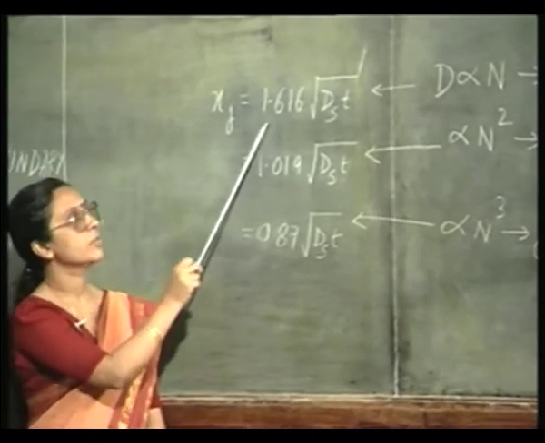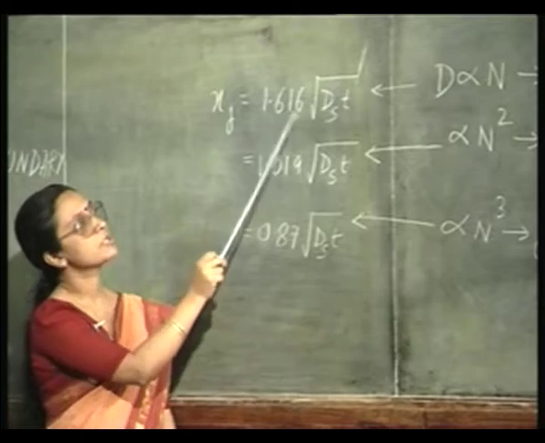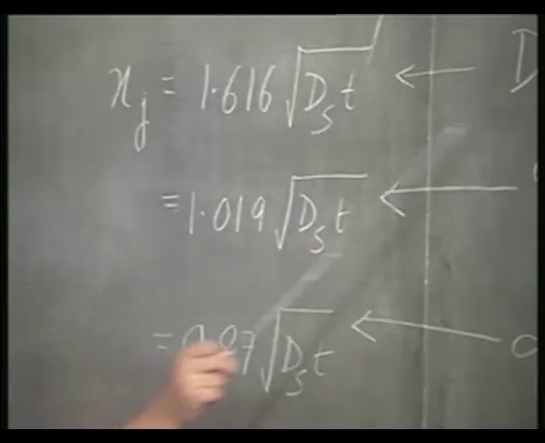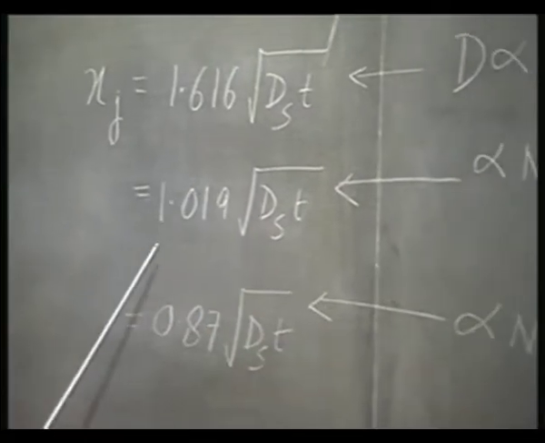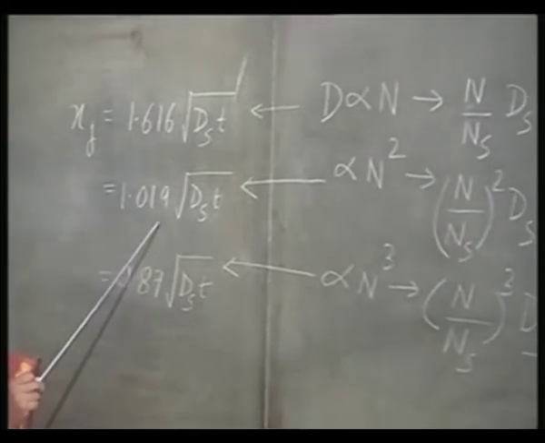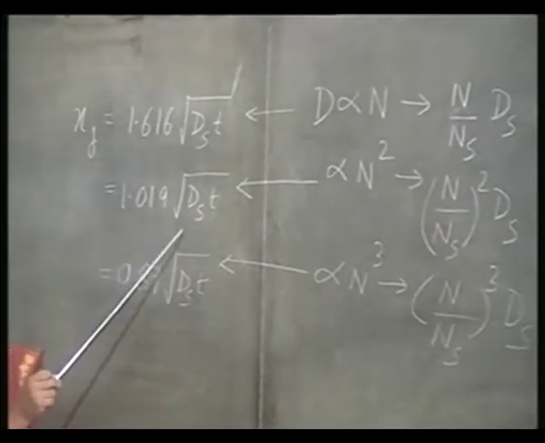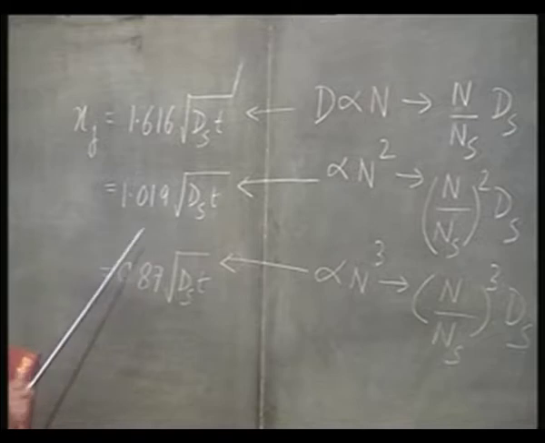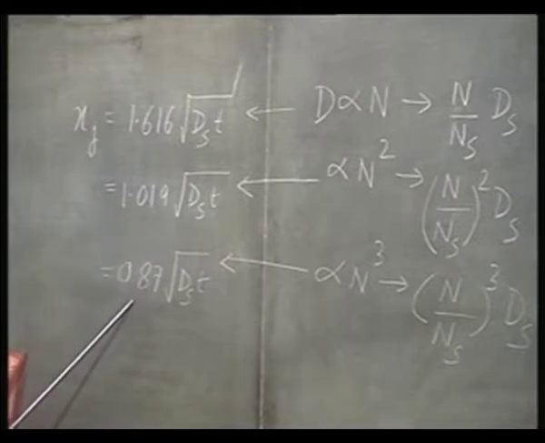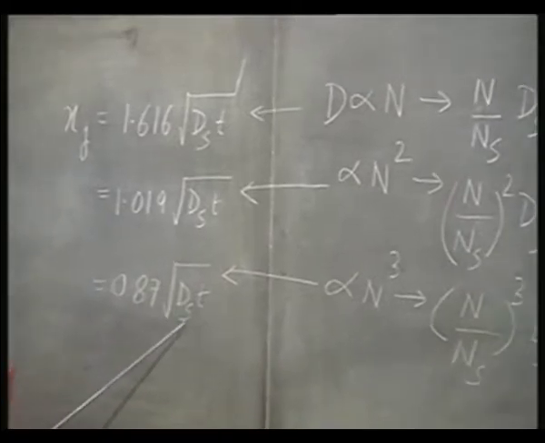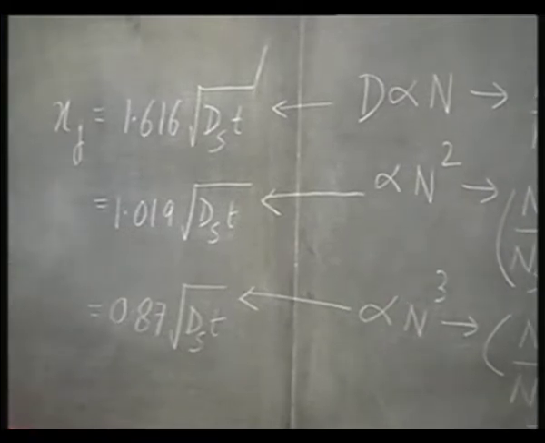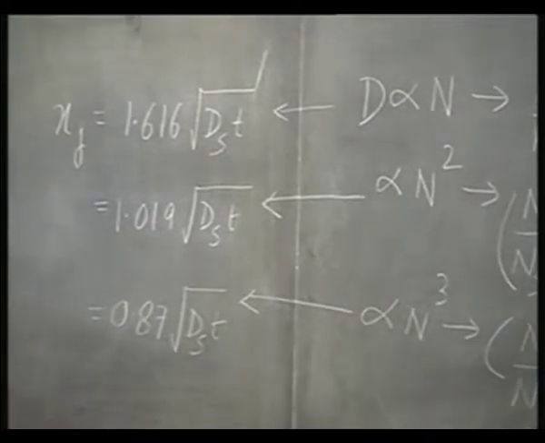Xj is given by 1.616 root over Ds t for D proportional to N. It is equal to 1.019 square root of Ds t for the case D proportional to N square, and it is equal to 0.87 square root of Ds t for the case where D is proportional to N cube.